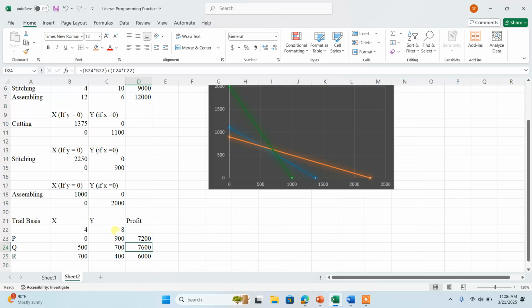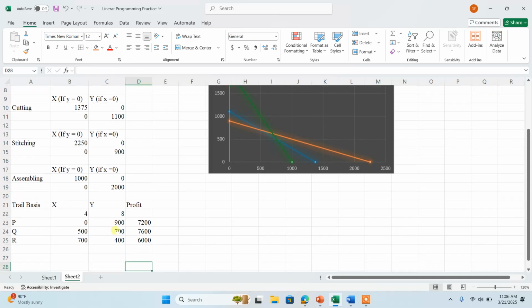So far P and Q are both better than R. So far this is on the first priority, this one is so far on second, and this one is so far third.